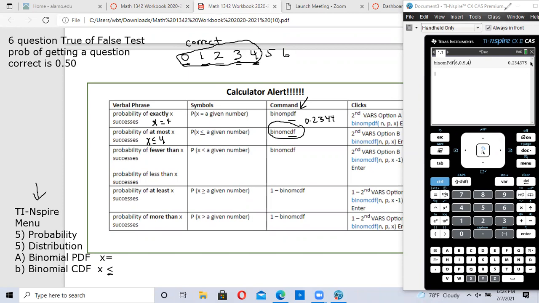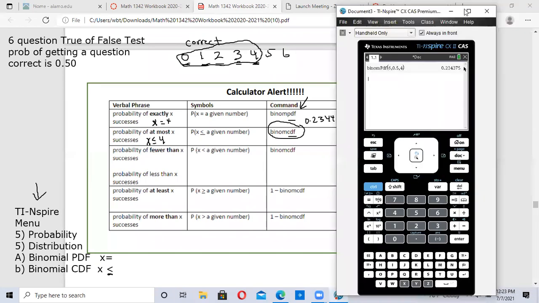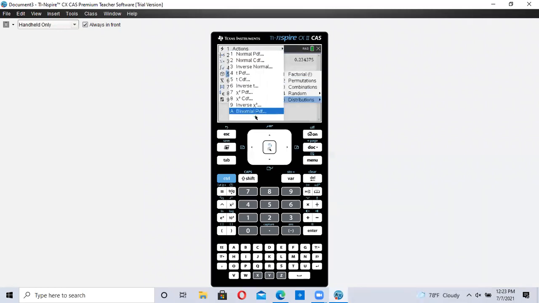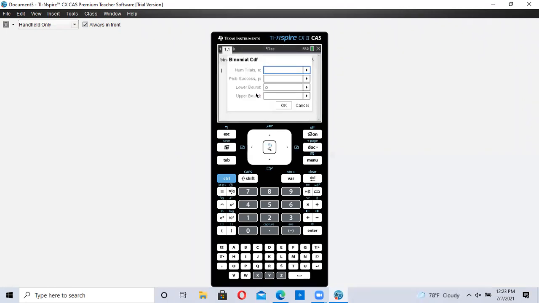So let's try this on our calculator. Menu, number 5, distribution. And then we want CDF, B on our calculator. The number of trials, there are 6 questions on the test. The probability of success is 0.5.